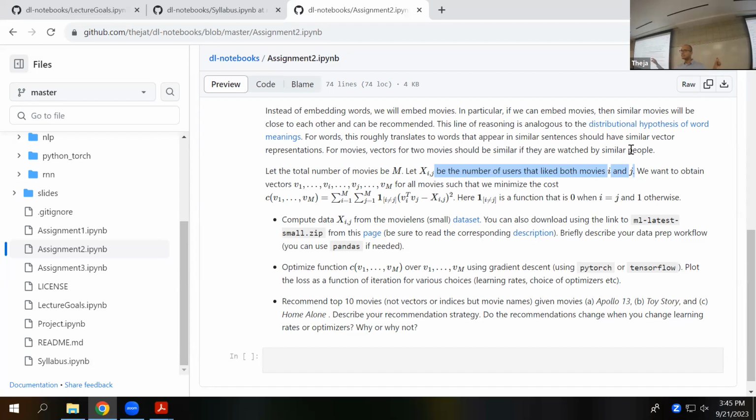Let's say you have a list of user IDs for i and a list of user IDs for j, then you can just make them into sets and then do a set intersection or something like that. At least you get the set of users, and then you can also compress it into the size of the set. So that would be the number of users who did something with movies i and j. Whether they liked it or not, that's something that you need to decide. What does it mean by liking?